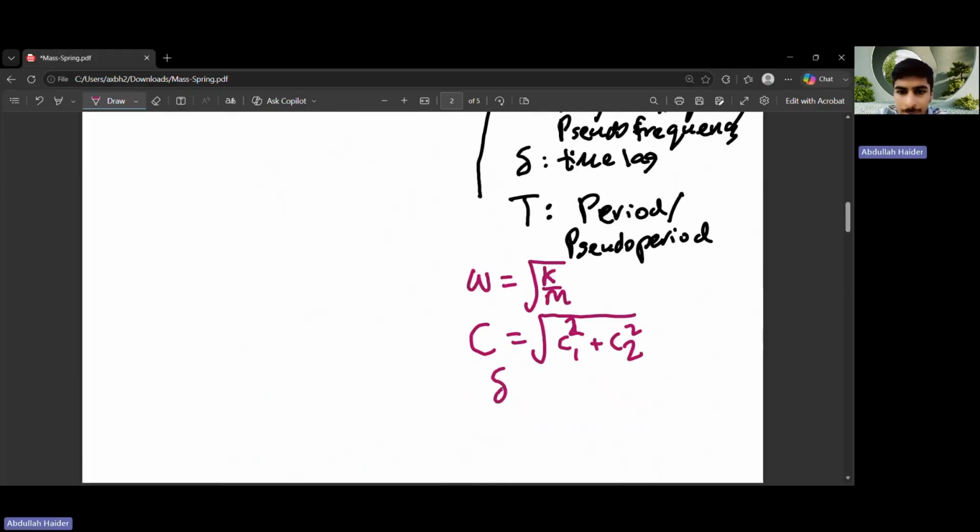The time lag is equal to alpha over omega.